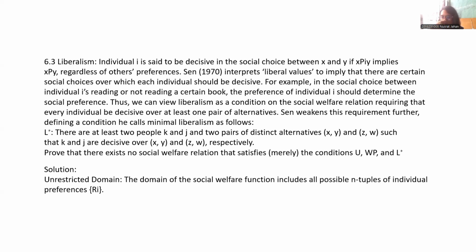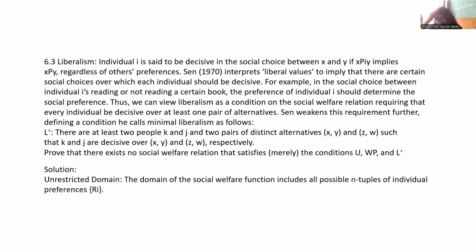So we would like to introduce the liberal paradox by Amartya Sen, also called Sen's paradox, which is a logical paradox that shows that no means of aggregating individual preferences into a single social choice can simultaneously fulfill these three conditions. Okay, now I will explain the conditions. Our first condition is unrestricted domain.